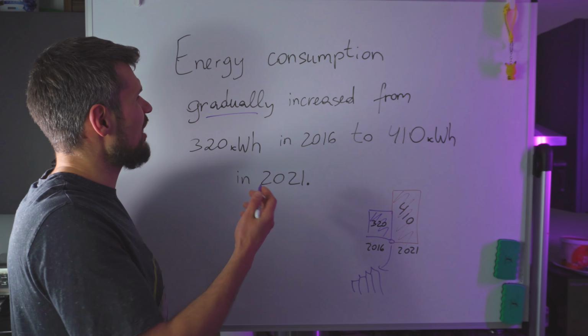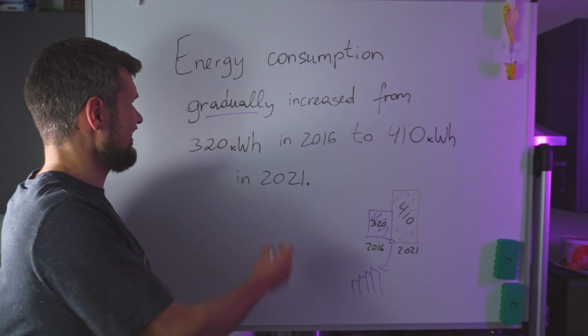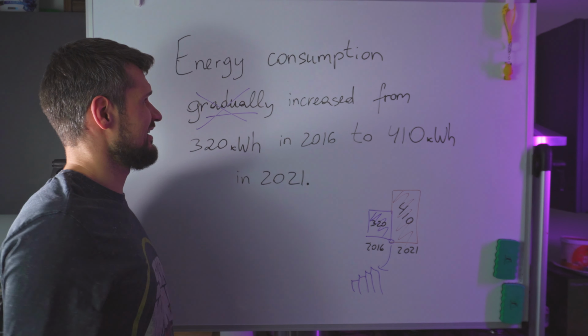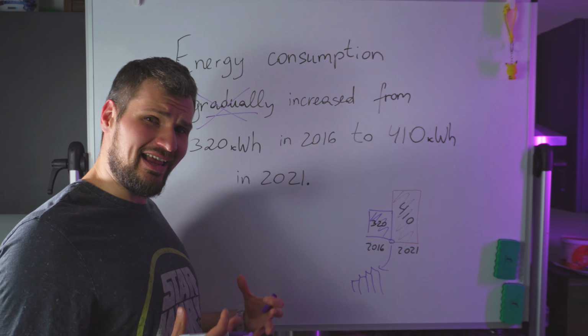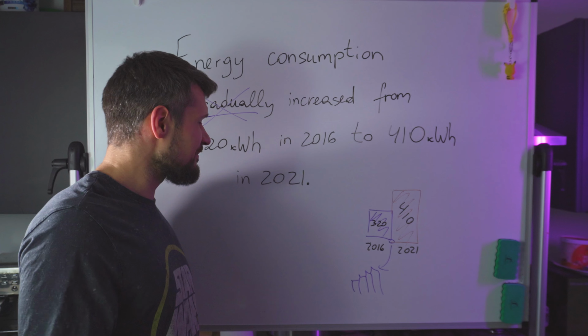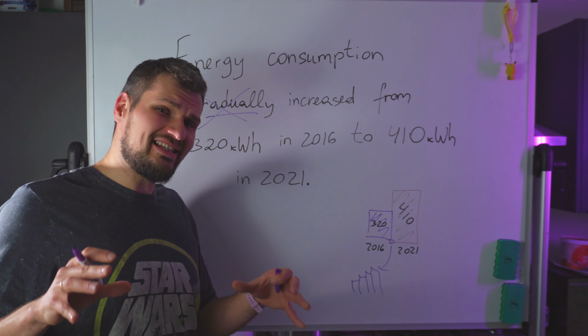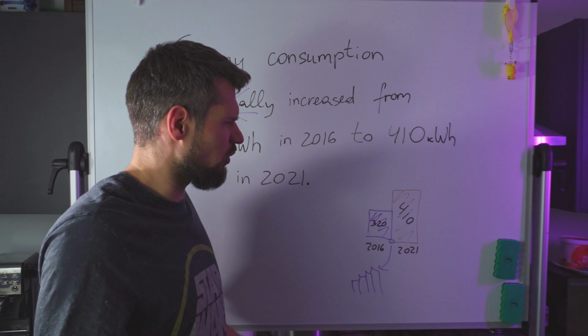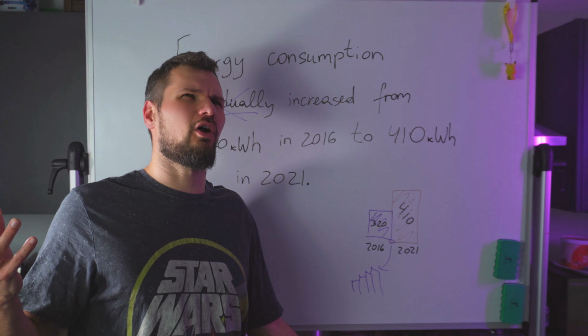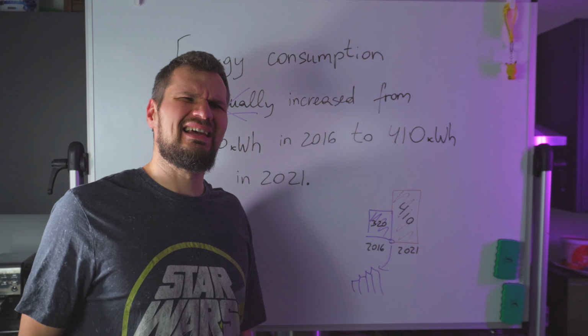So how can we correct this? Simply, if you remove this word, the sentence is correct. If you want to say a small increase, you can only say that when you have more context, because we don't know if from 320 to 410 is a lot.